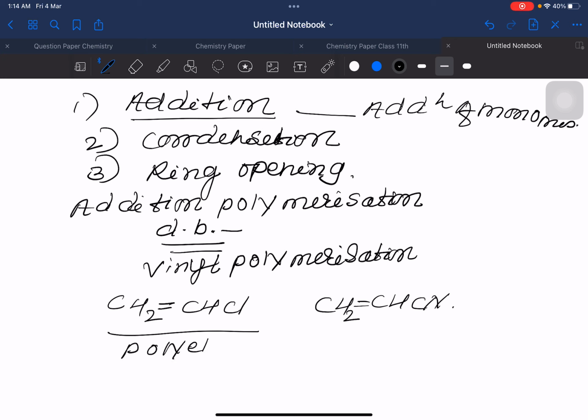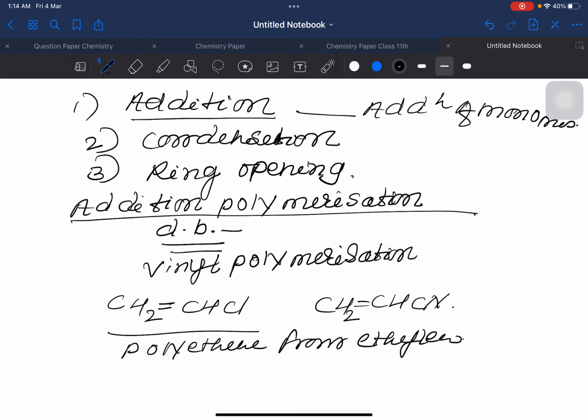Formation of polythene from ethylene is a well-known example of addition polymerization. Addition polymerization produces high molecular mass compounds without formation of any intermediate low molecular mass polymeric material.